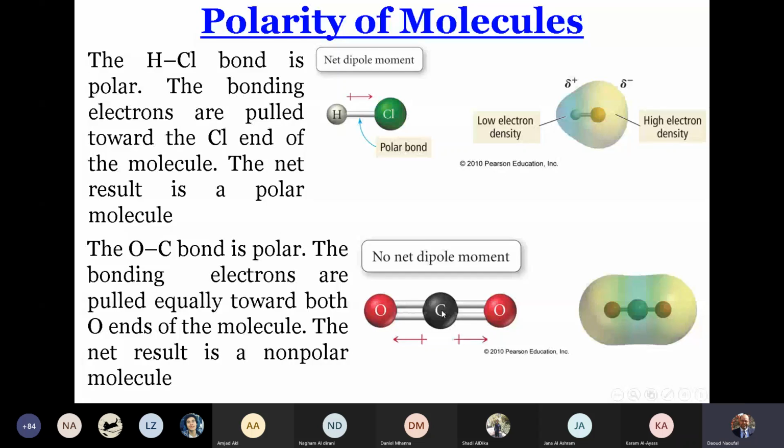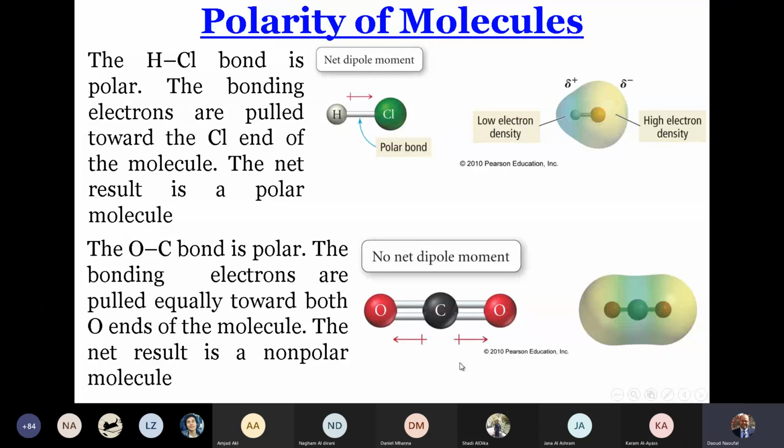The oxygen is more electronegative than carbon. So the bond dipole of the first bond is a vector parallel to the bond directed from the positive to the negative. And the second bond dipole is a vector directed from the positive to the negative.